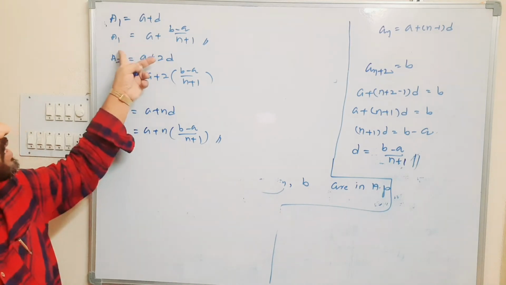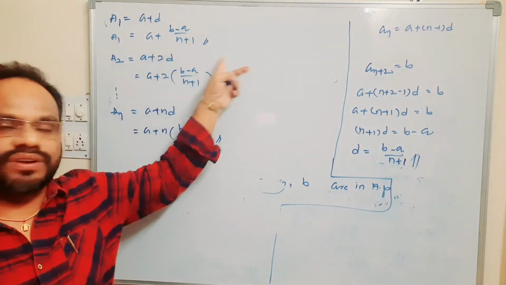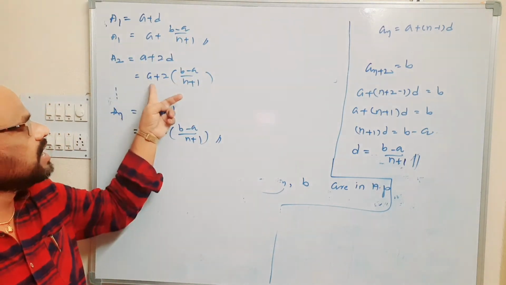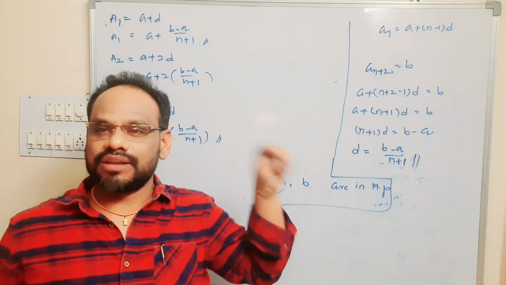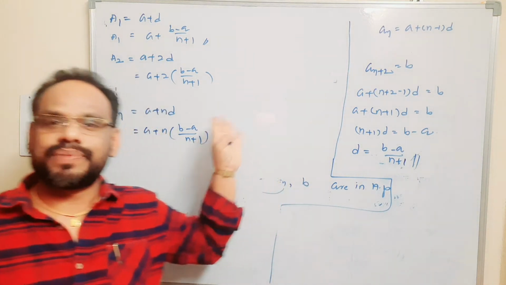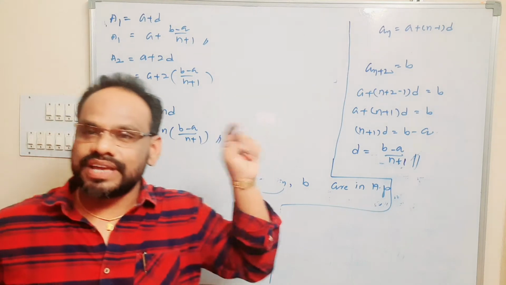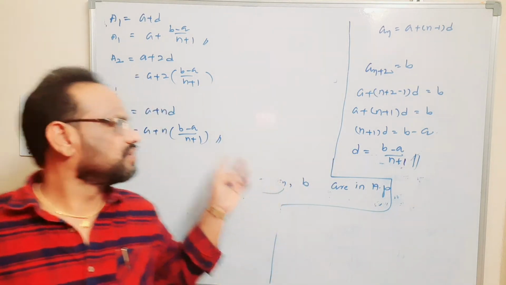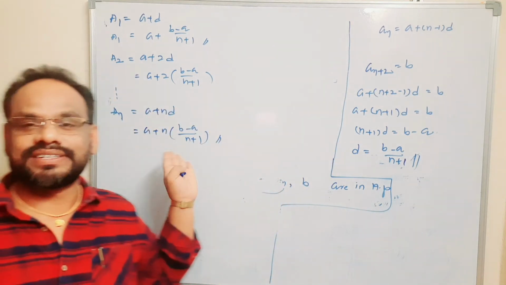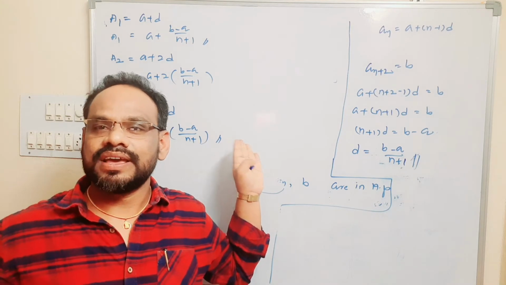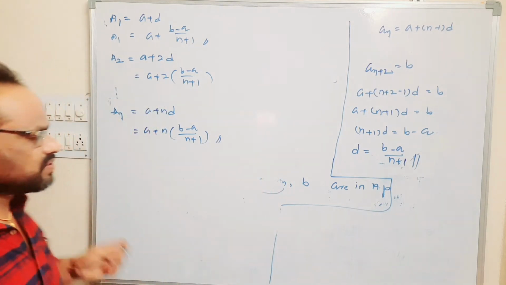So a1 is equal to a plus b minus a by n plus 1, a2 is equal to a plus 2 times b minus a by n plus 1, a3 is equal to a plus 3 times b minus a by n plus 1, and so on, an is equal to a plus n times b minus a by n plus 1. Let us discuss one example here.